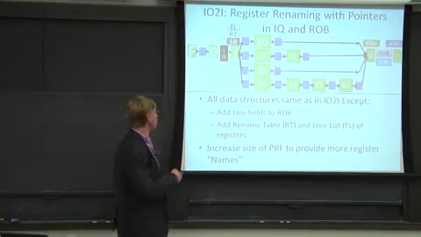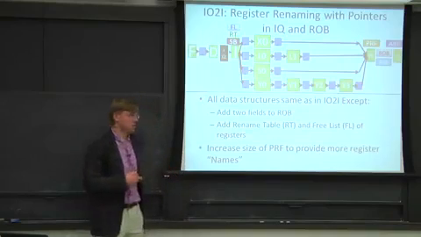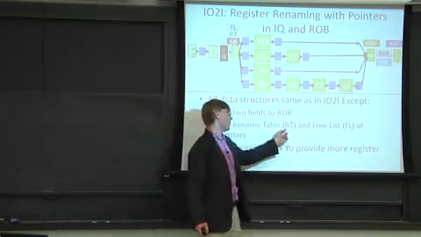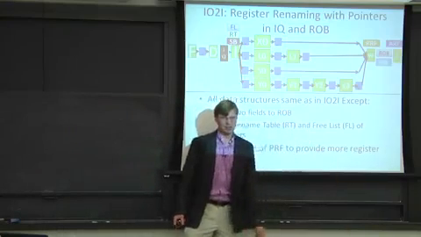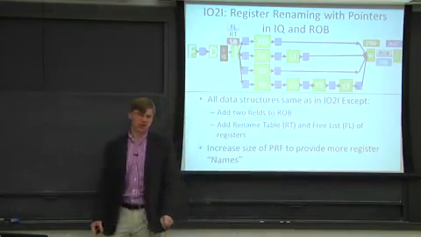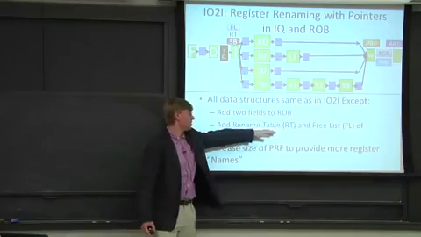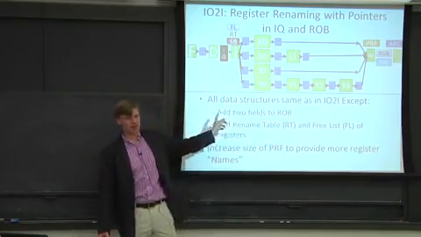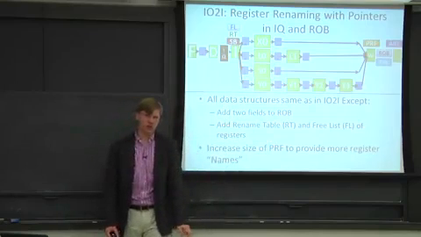The other structure here we call the rename table. Sometimes this is called the RAT, which is sort of the Intel nomenclature for this. Or actually, the RAT is either this table or the table that we're discussing in the Tomasulo algorithm variant of this, but they're very similar.